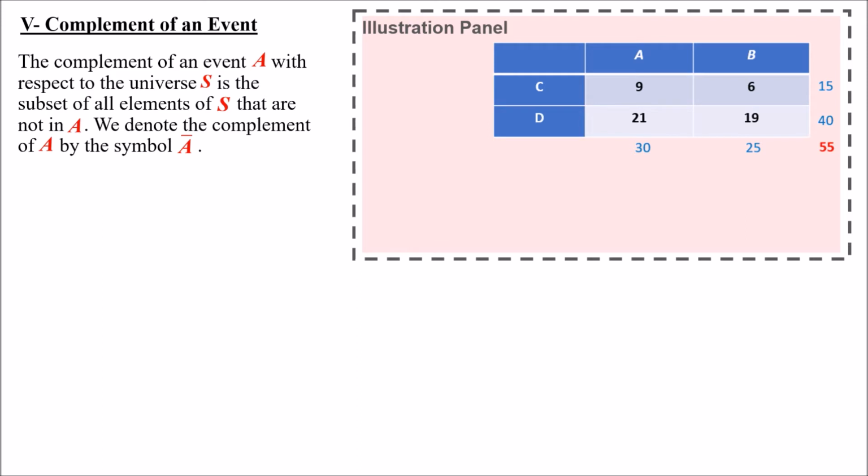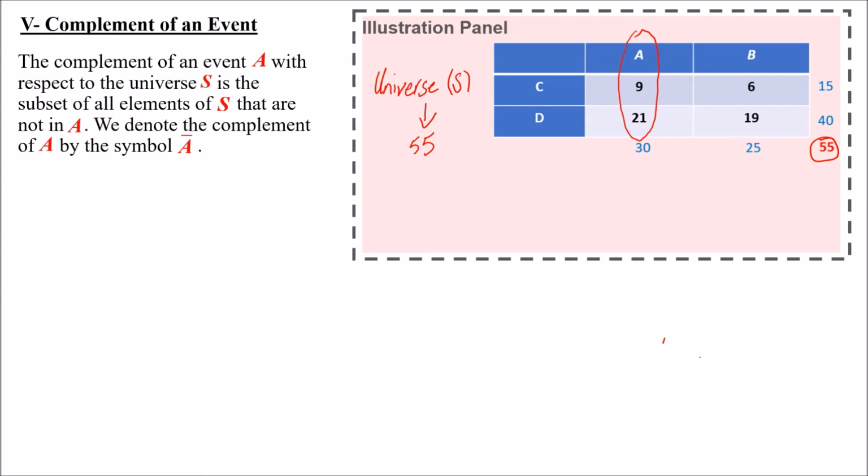We have 30 elements in the event A. The universe under study here contains 55 elements, so I will write here universe S. Universe means all elements under study. We have 55 elements. Which elements complete A to form the universe?